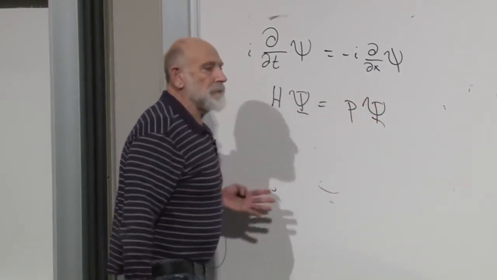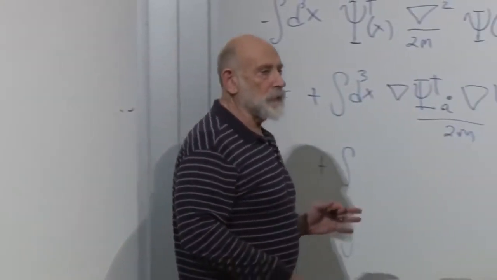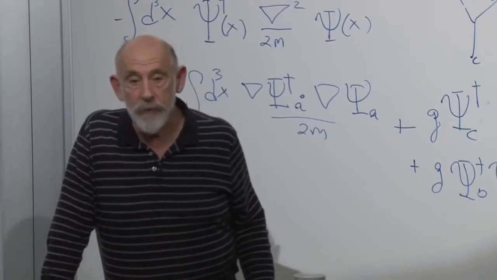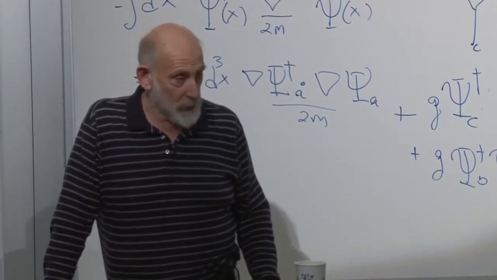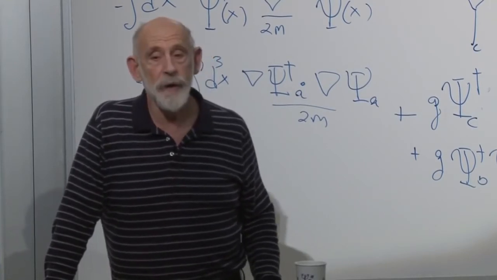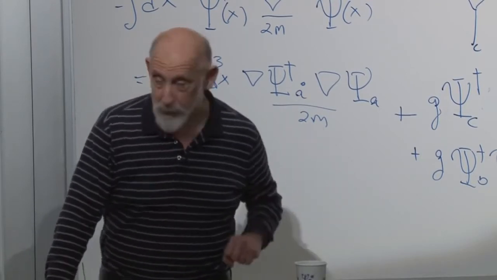We would recognize this as just a theory in which the energy of a particle is equal to its momentum. Energy equal momentum is a relativistic massless particle. For mass, you want E squared equals P squared plus M squared.